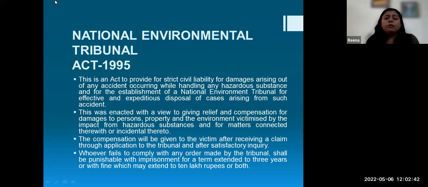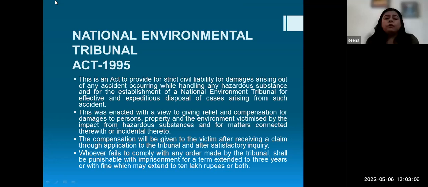So whoever fails to comply with any order made by the tribunal will be punishable with imprisonment of 3 years or a fine, which may extend to 10 lakh rupees. Okay, so these penalties and these kinds of actions like imprisonment are getting stricter and stricter day by day.